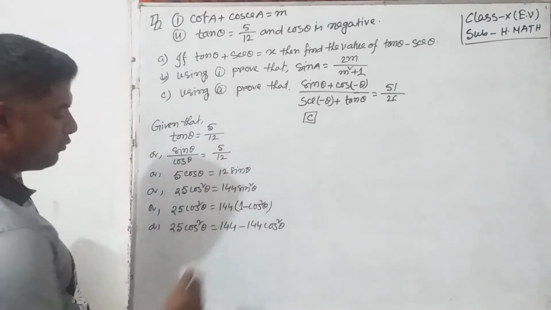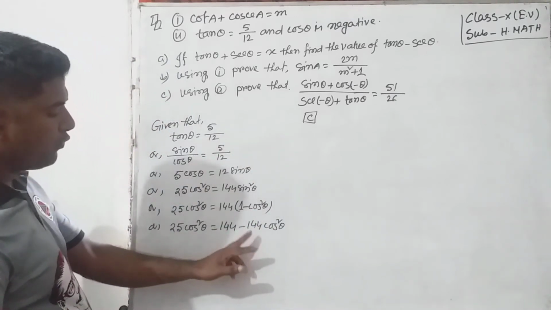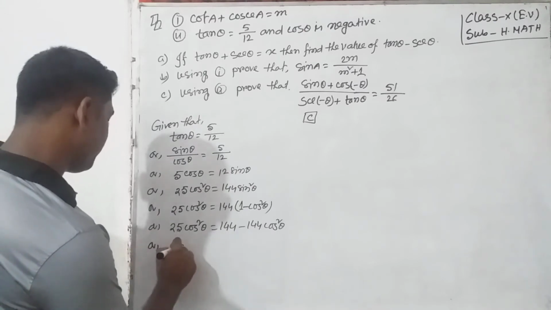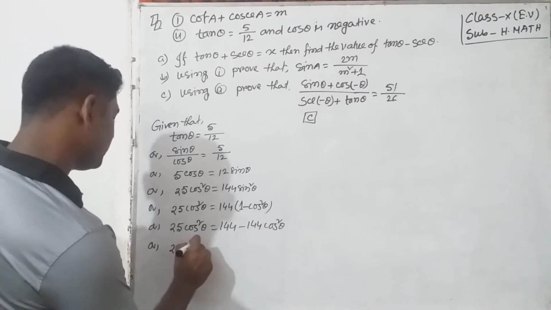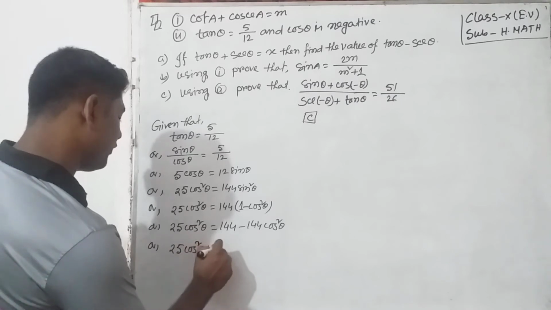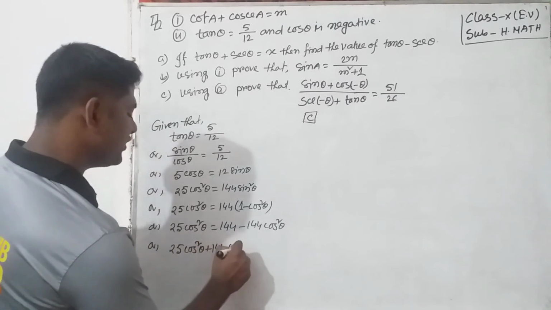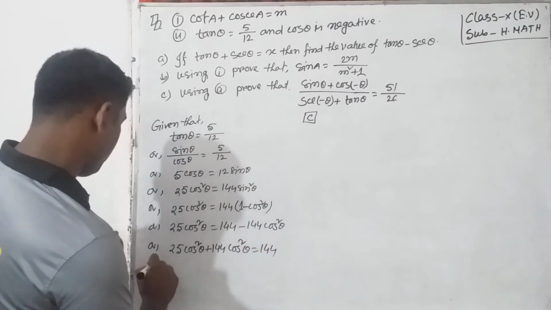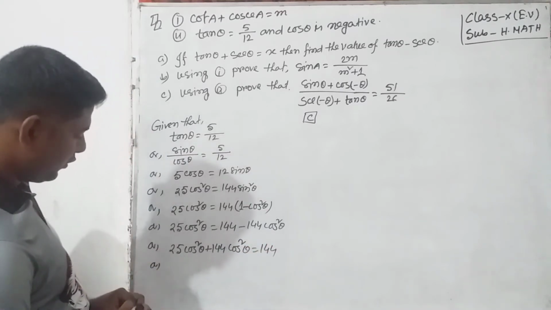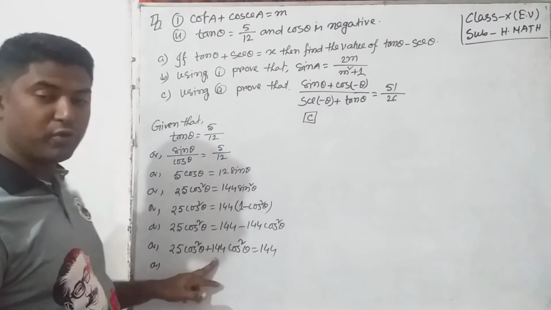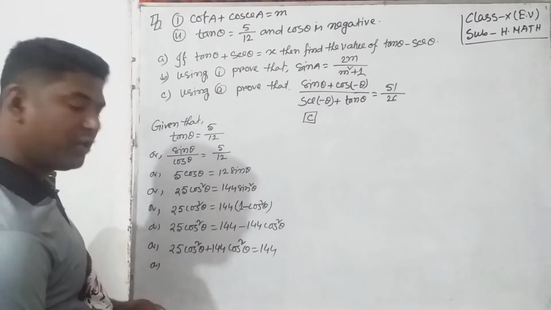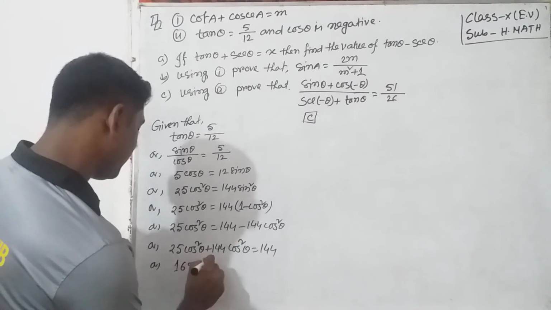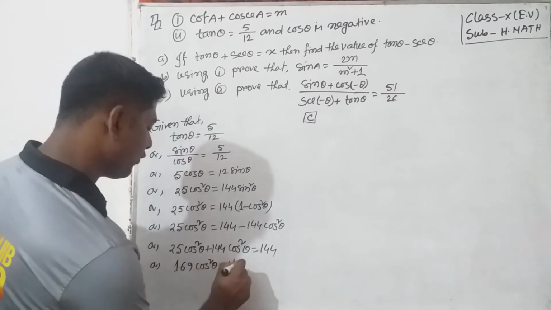Now shifting 144 cos square theta from the right side, we write 25 cos square theta plus 144 cos square theta equal 144, and adding, it will be 169 cos square theta equal 144.